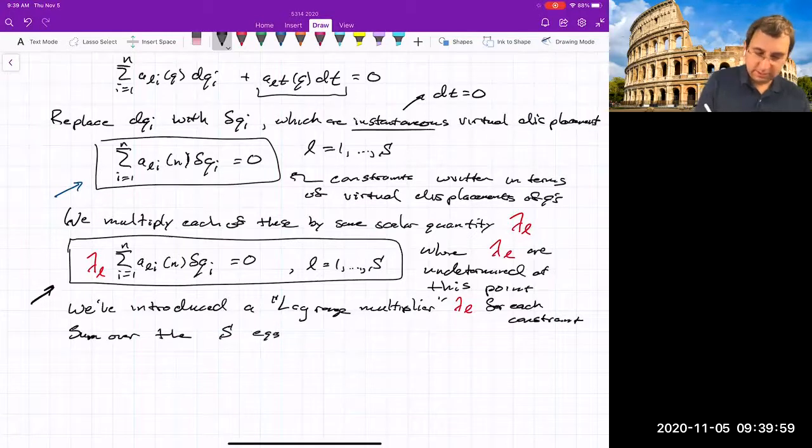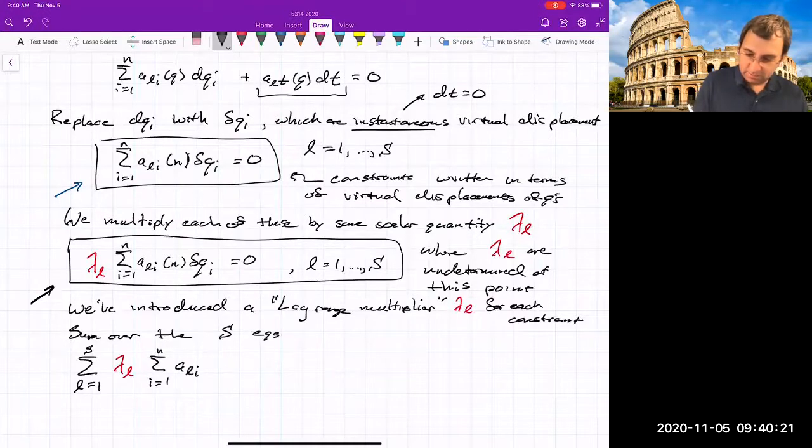So here we go. And now the index of summation is L. L goes from 1 to S of lambda L, and I goes from 1 to N of ALI(Q) delta Qi equals 0.